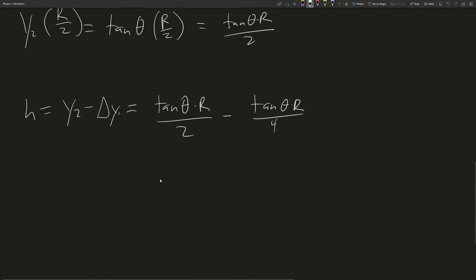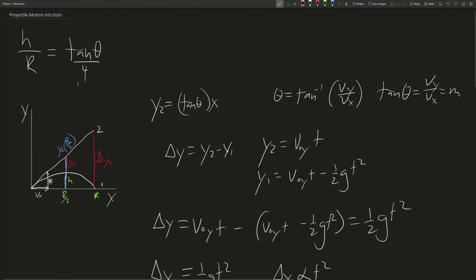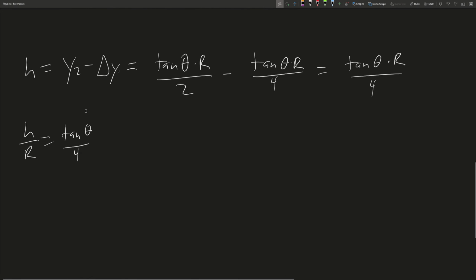And so this is just equal to tangent theta times r over 4. And now if we move the r to the other side here, we have h over r is equal to tangent theta over 4, as we have found up here. So this proves that this is true graphically.